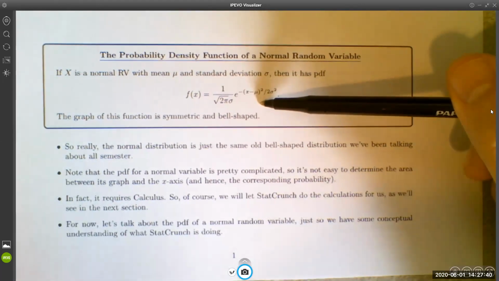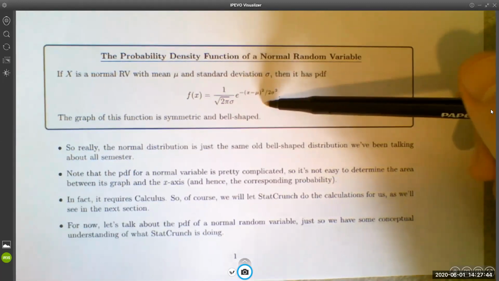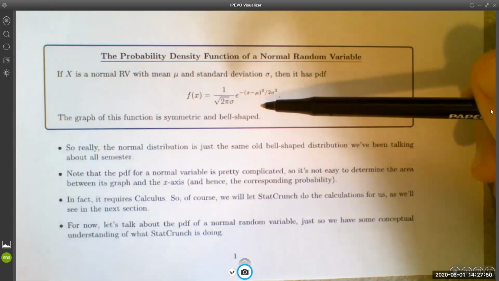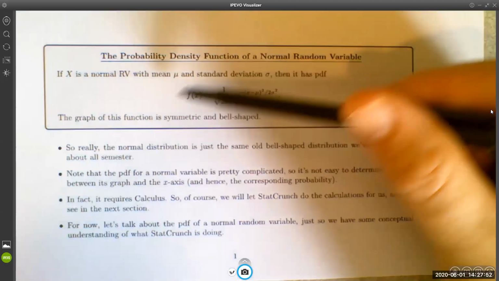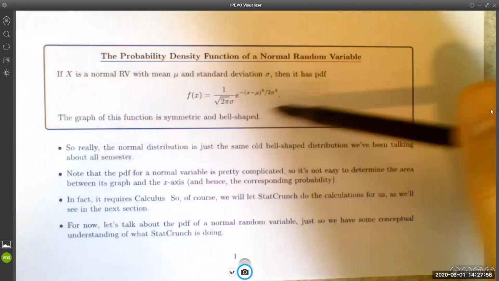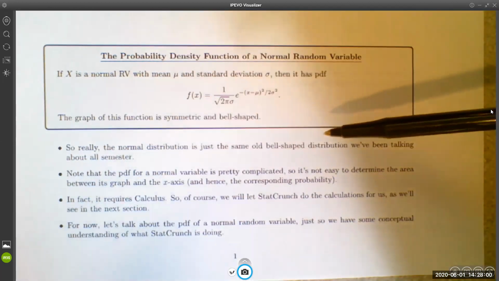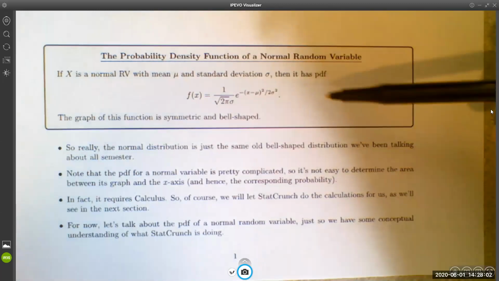You have to understand calculus in order to compute probabilities involving the normal variable. Since most of you probably haven't had calculus, we're not going to talk about it. But for those of you who maybe have, this is the function that you would integrate over a particular interval to determine the probability that x is within that interval.